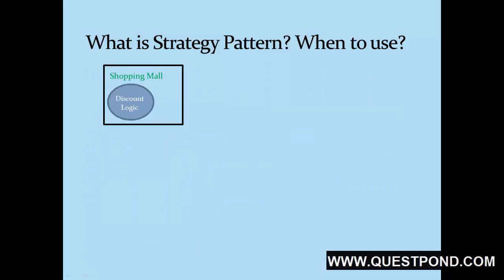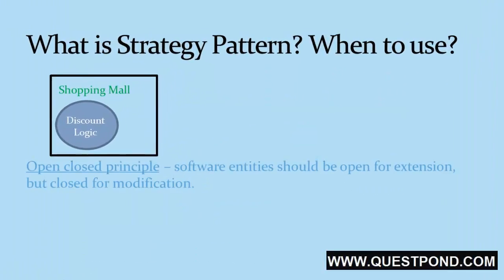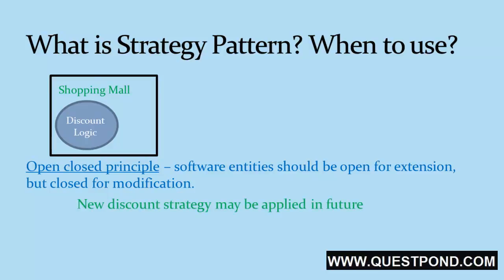Now this approach violates the open close principle, because whenever a new discounting strategy or discounting logic is introduced, there will be a change in the shopping mall class, because discounting logic is encapsulated inside shopping mall itself, and the open close principle says software entities should be open for extension but closed for modification, which is completely violated here.